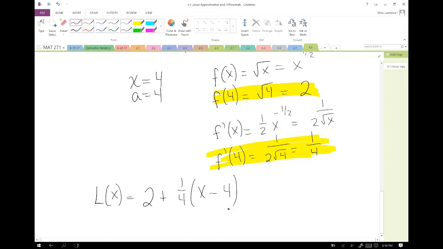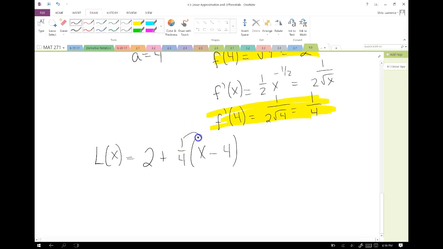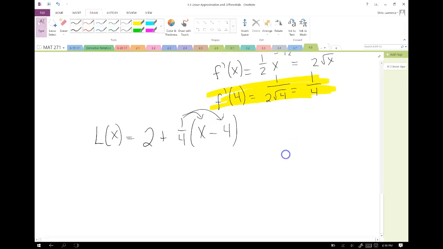So 2 plus a quarter times x minus 4. Now if you want to, you can go ahead and distribute and combine like terms. This is 2 plus 1/4 x minus 1. And we could put together the 2 and the minus 1 and say that our final answer for our linear approximation is 1/4 x plus 1.